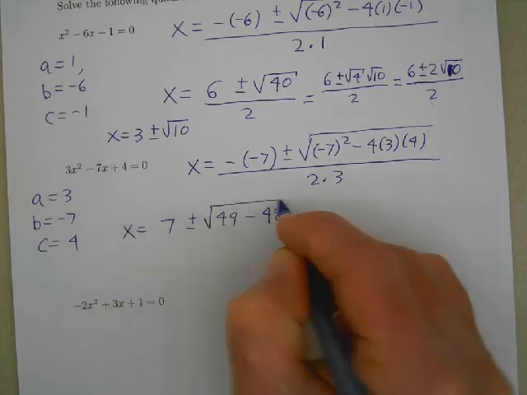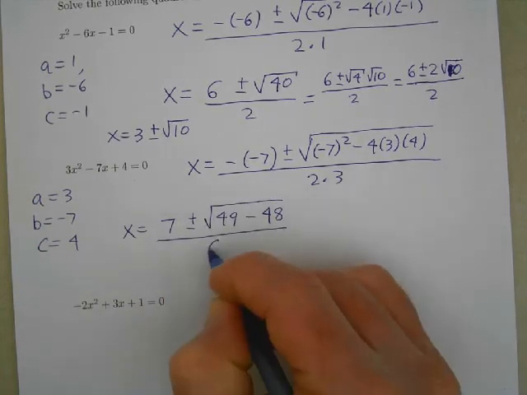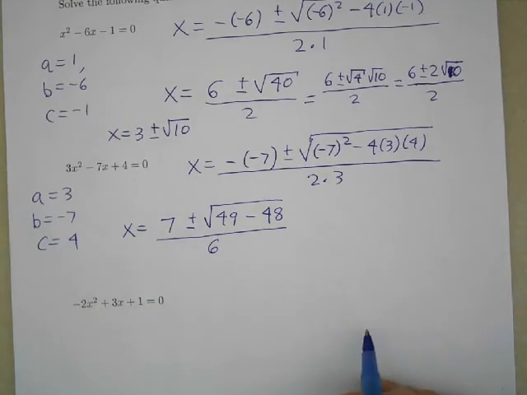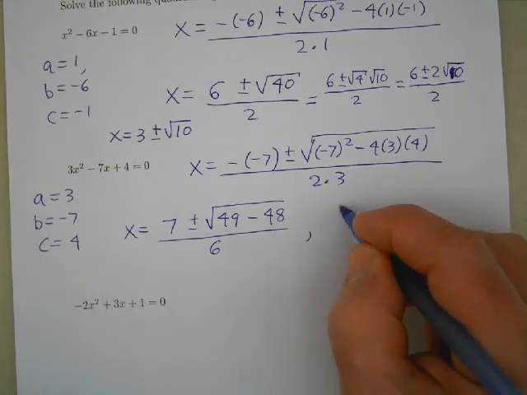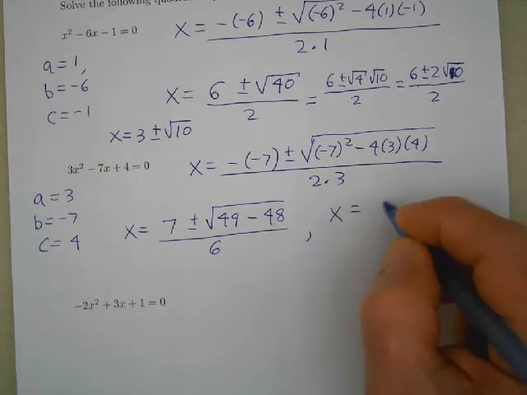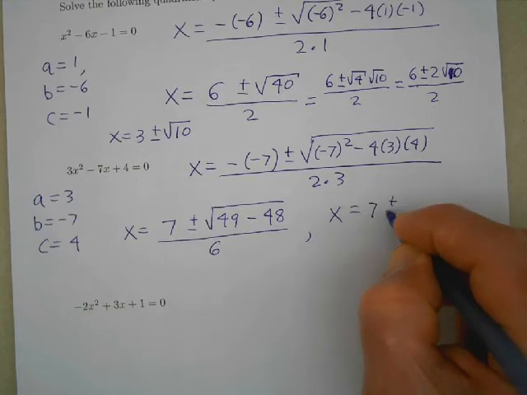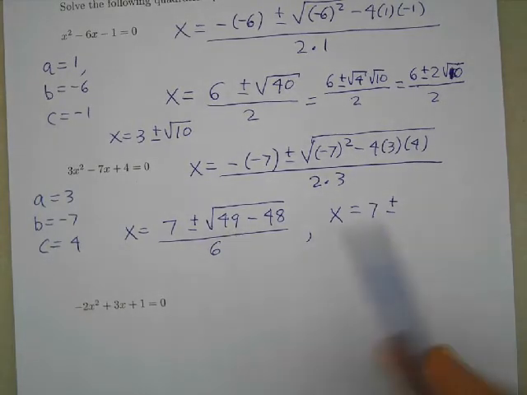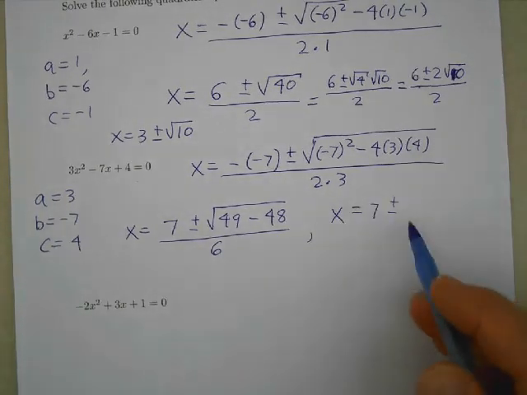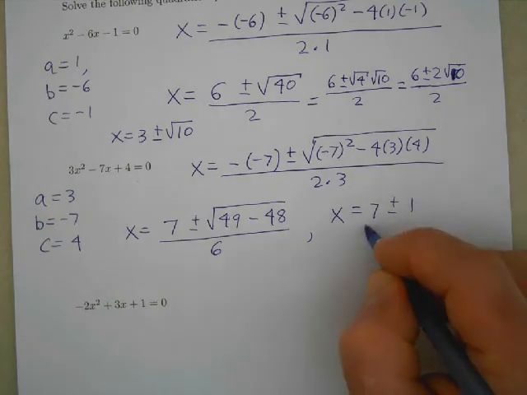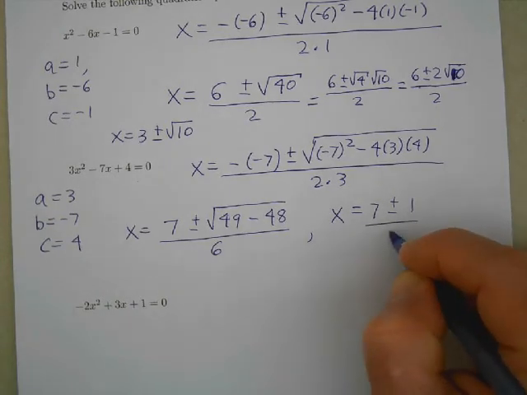And then we're dividing that all by 6, because 2 times 3 is 6. And then a little bit more arithmetic. We have 7 plus and minus the square root of 1. The square root of 1 is 1, so I'll just write it as 7 plus and minus 1 divided by 6.